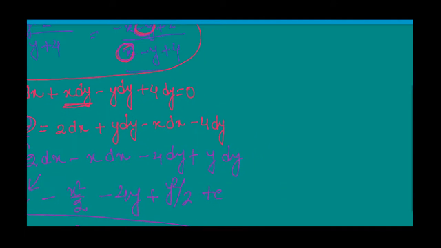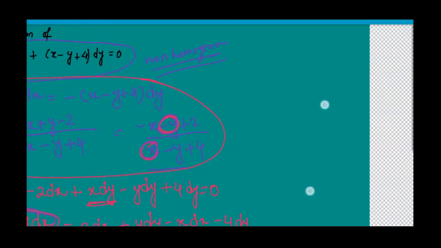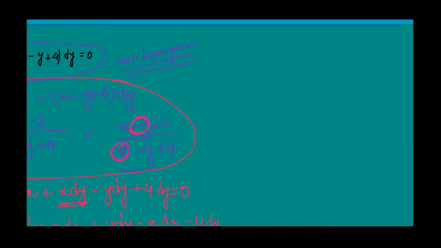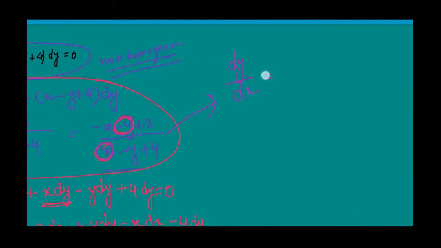So this is one condition to solve the non-homogeneous type, and there are other conditions. Suppose dy/dx is given as (a1x + b1y + c1)/(a2x + b2y + c2).